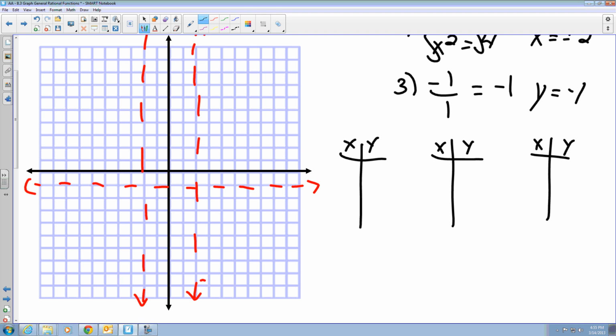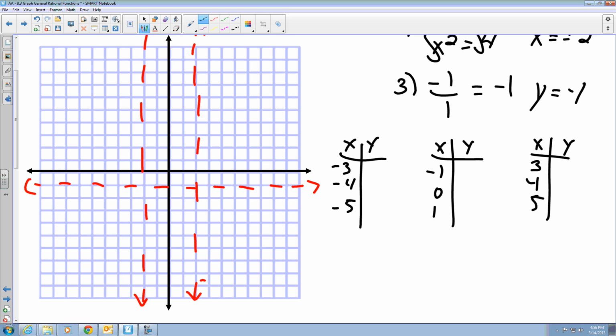This first one is going to be to the left of my far left vertical asymptote, so I'm going to take values there, like negative 3, negative 4, negative 5. The middle one is going to be values in between the 2 asymptotes, so it would be like negative 1, 0, and 1. And then the last one is going to be values to the right of my asymptote where x equals 2, so I can write that as 3, 4, and 5.